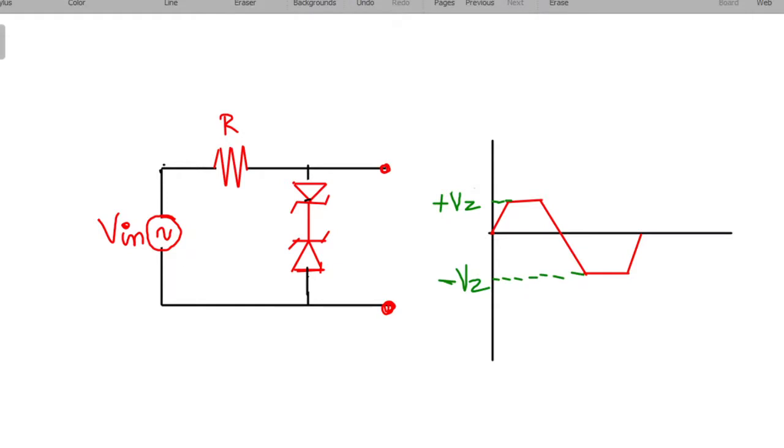During the negative half cycle, one is reverse biased so it gives minus VZ, and the other is forward biased so it gives minus 0.7 volts. So we get the output voltage like this, with the top portions removed.